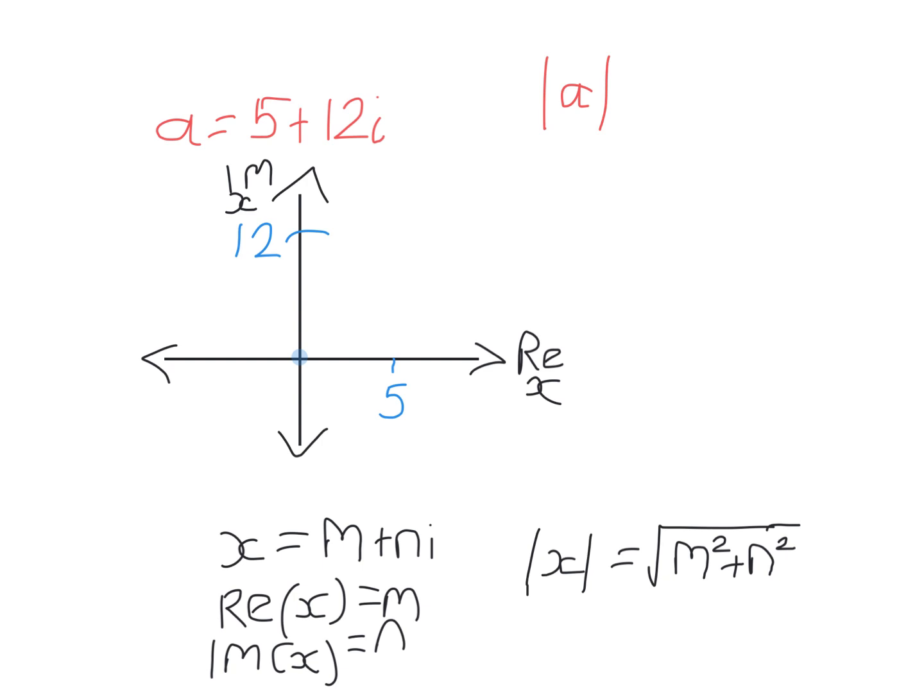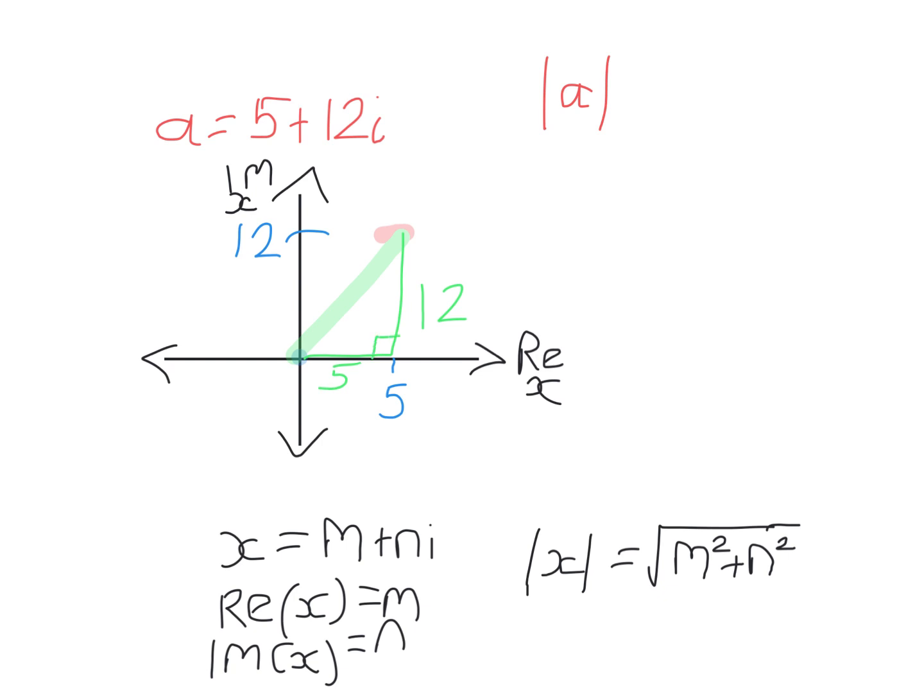So why is that? Well, the number 5 plus 12i on the Argand diagram would lie here. Real part 5, imaginary part 12. So what we're essentially doing is calculating this length here. And of course, we can use Pythagoras. This distance is 5, this distance is 12, and the two axes are at right angles to each other.